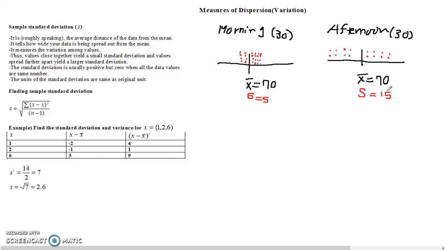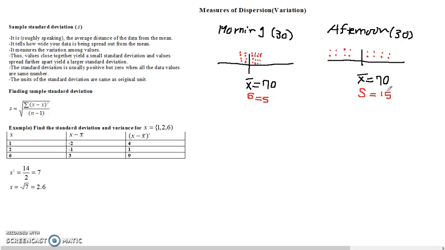When you look at the graph of the first one, the morning class, most of the student scores are compacted around the mean, right? So the variation among the scores for those 30 students is very, very small.